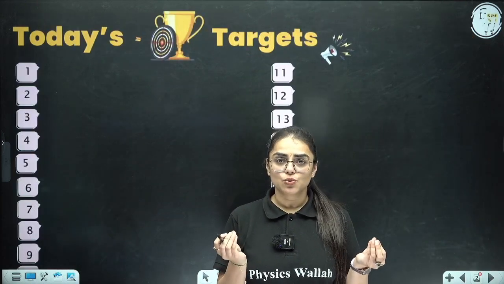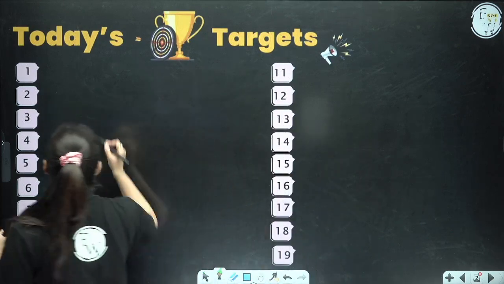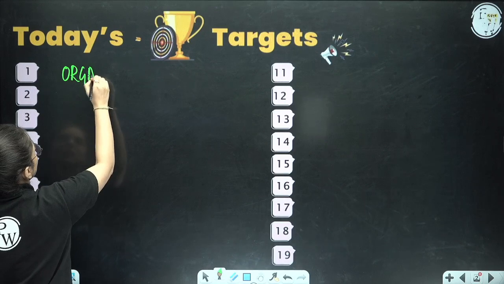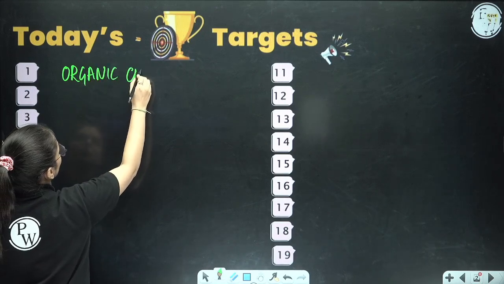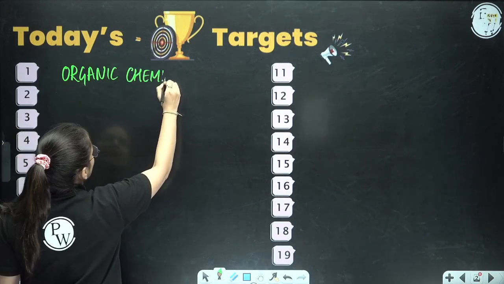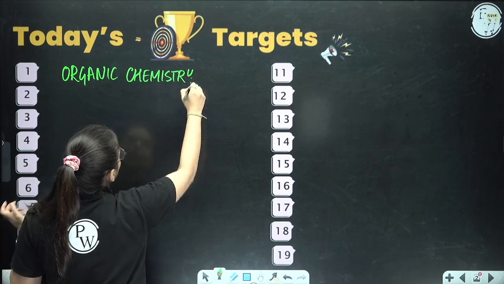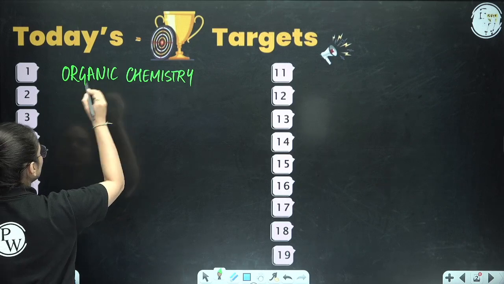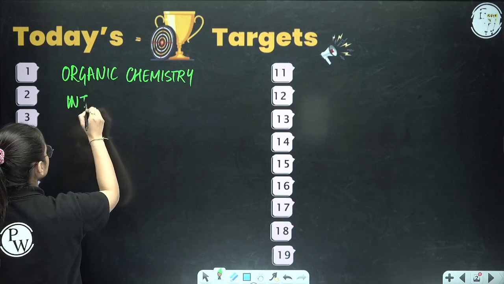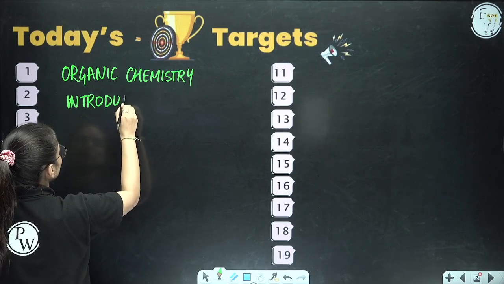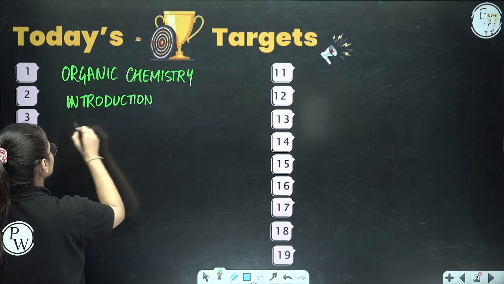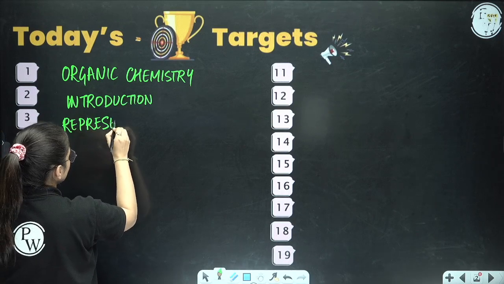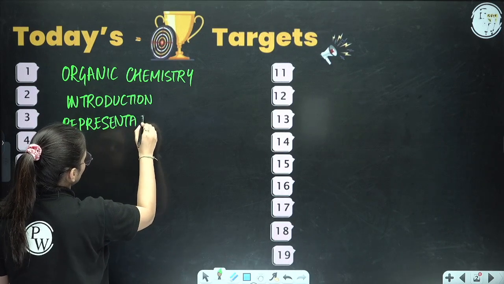Initially I will be starting with the introduction to organic chemistry. I am not going to go in depth, because this is a revision class and we need to practice more questions. After the introductory part, we will look at the representation of organic compounds.